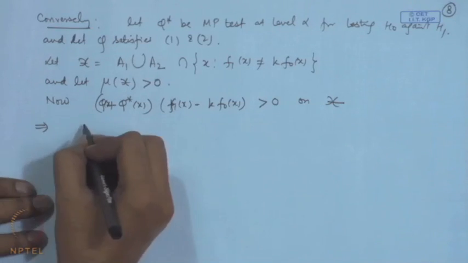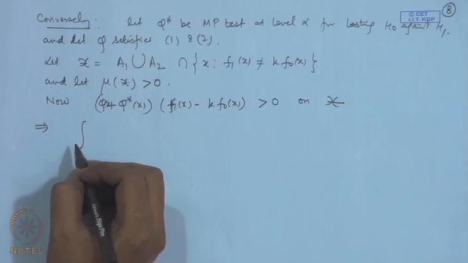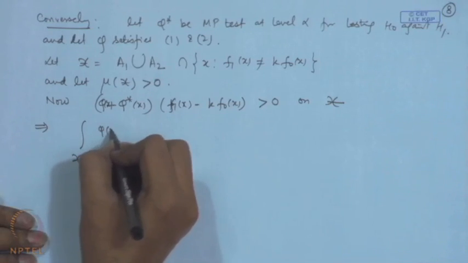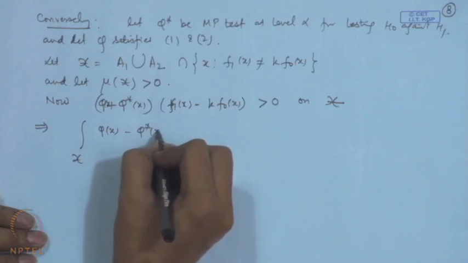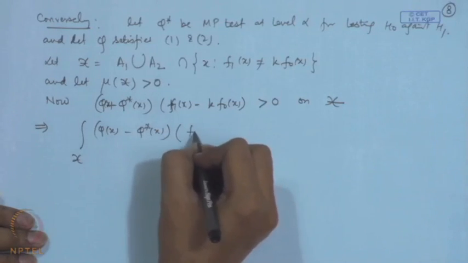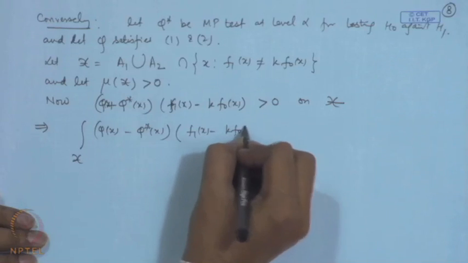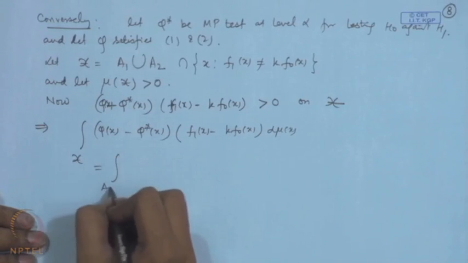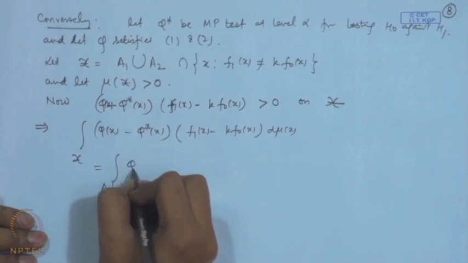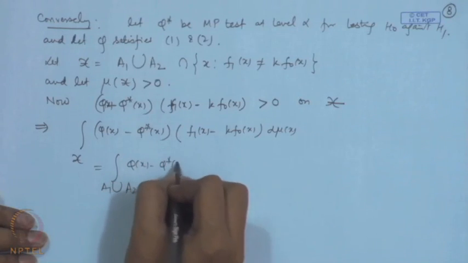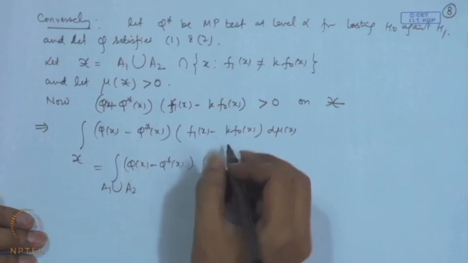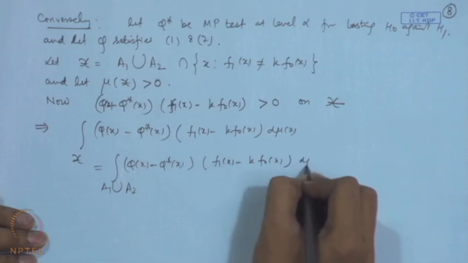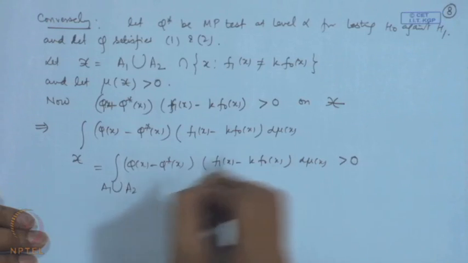So, this will imply that the integral of (phi x minus phi star x) into (f 1 x minus k times f naught x), that is equal to the integral over A 1 union A 2 of (phi x minus phi star x)(f 1 x minus k times f naught x), is greater than 0.